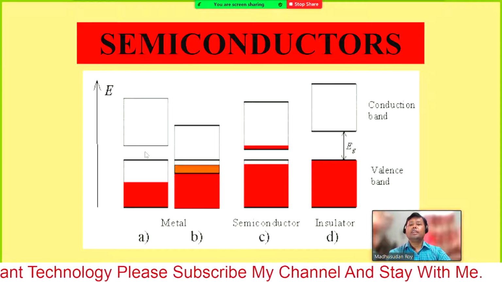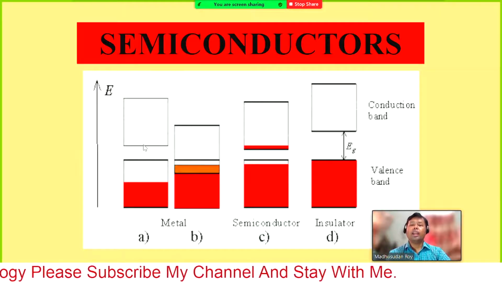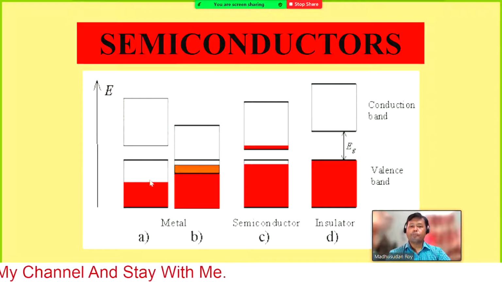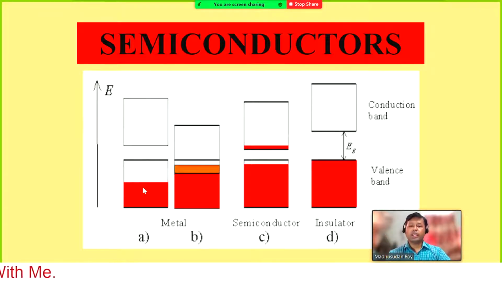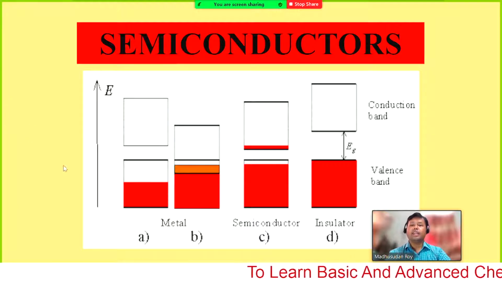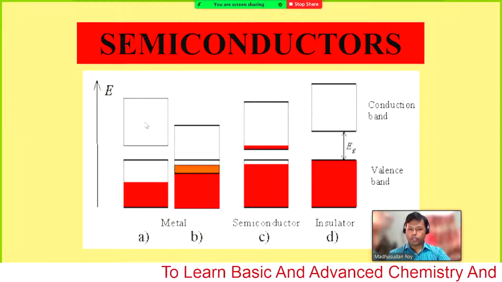In that case they do not have overlap, or there is quite a large gap in between the valence band and the conduction band. So to transfer electricity you need to apply quite a high potential difference so that the electron from the valence band can transfer to the conduction band.